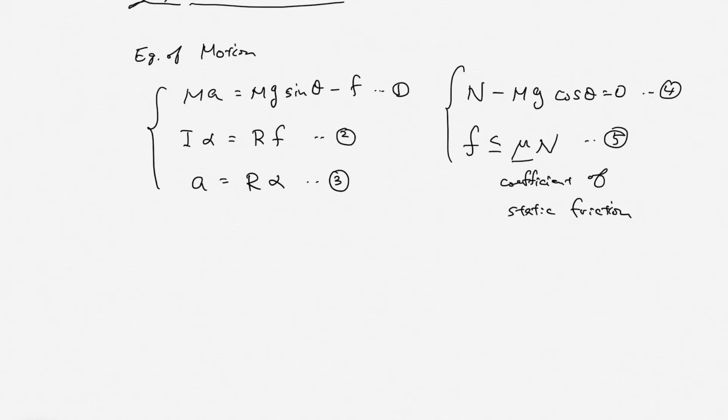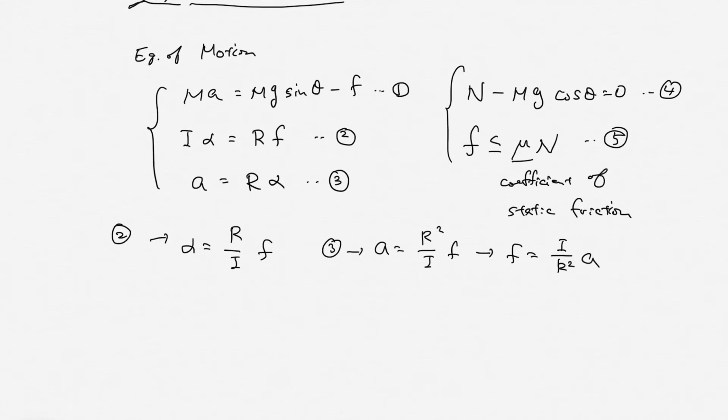Then we can use these equations. From equation number 2, you can find alpha is R over I times F. Then you can use equation 3, a equals R alpha, and substitute, giving R squared over I times F. So F can be expressed as I over R squared times a.